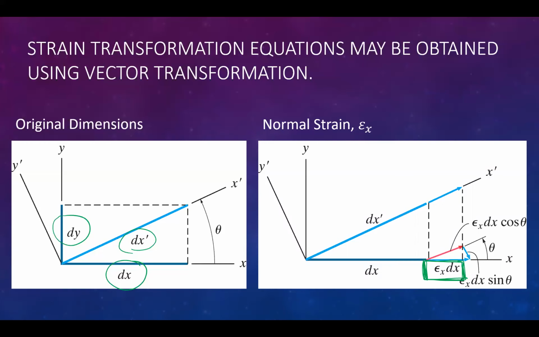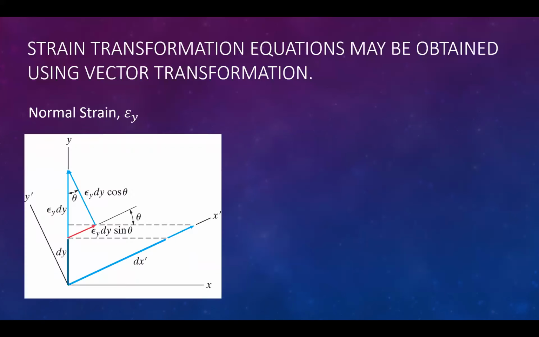And we can break that up, for example, into components that are in the x prime direction, so that'd be this red arrow, and components that are in the y prime direction. So that would be this blue arrow. Similarly, if we have a displacement that is in the y direction, we can once again break that up into x prime and y prime components.